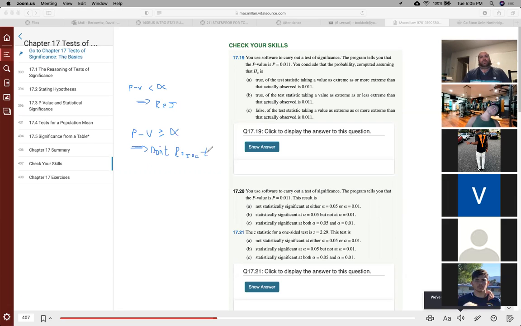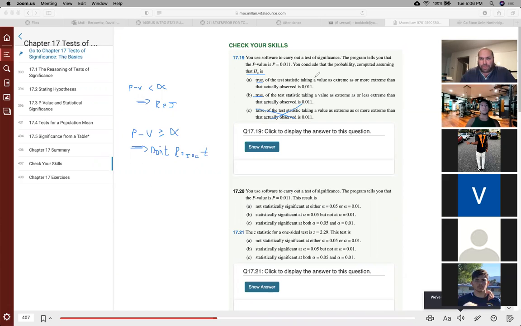Okay, so we got a very small p-value. So I conclude that the probability computed, assuming that H naught is true, remember, we always work under the assumption that the null hypothesis is true. So right off the bat, I'm going to cancel C. It says the probability of getting what we got or something even more extreme, assuming the null hypothesis is true, is 0.011.